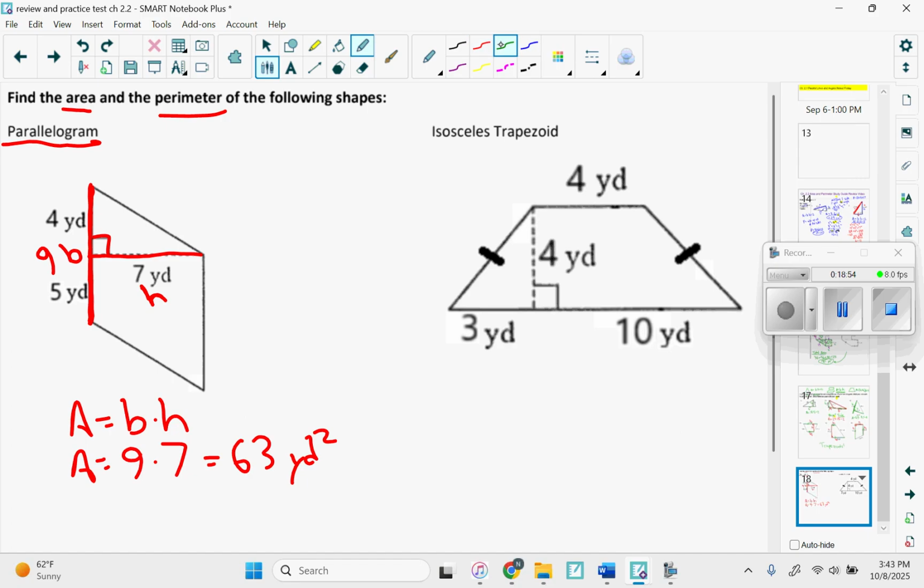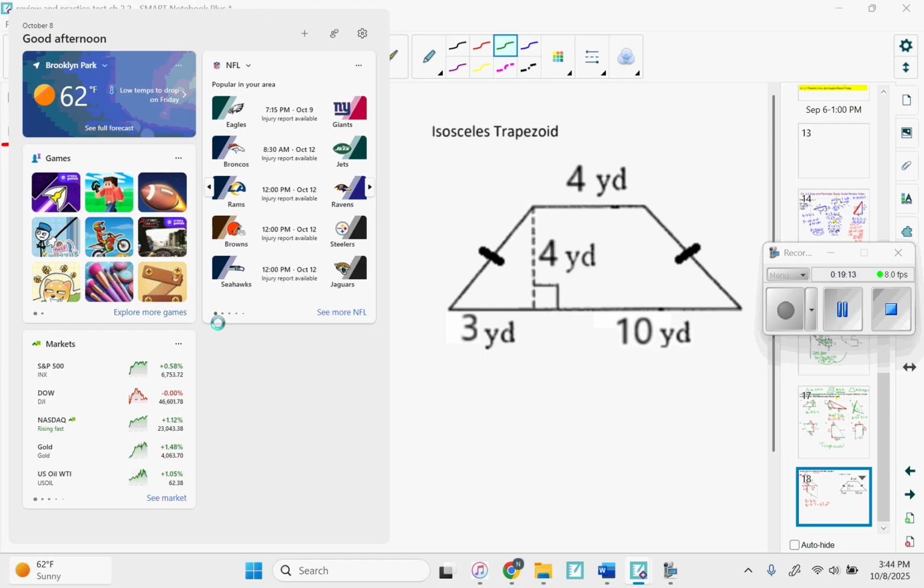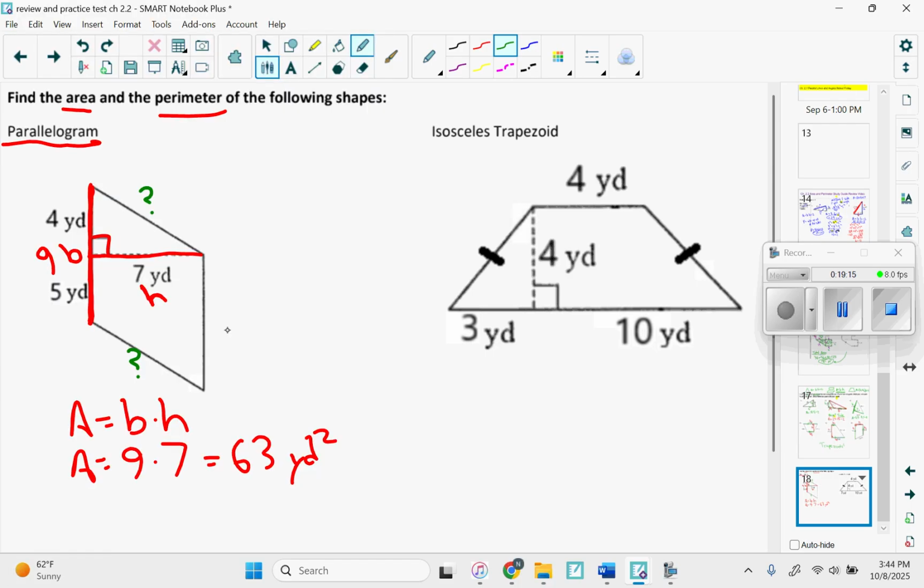To do perimeter, we want to do the distance around the shape, like that. And what we notice is we are missing the top and the bottom of this parallelogram, because if this side is 9 over here, then this side is also 9. So how do we get this missing part?